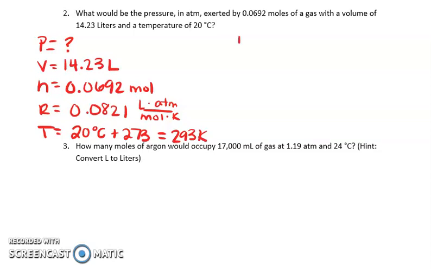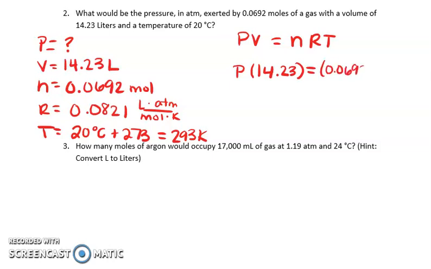So then I'm going to move on to my ideal gas law, PV equals nRT. I'm going to plug in everything that I know, leaving the things I don't know. So pressure, I don't know, but I do know my volume. It is 14.23 equals 0.0692 moles times 0.0821 times 293.